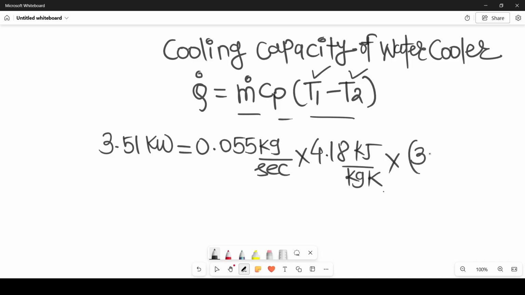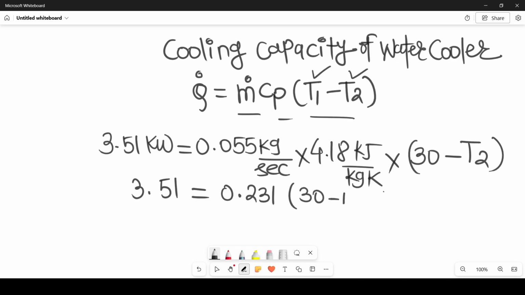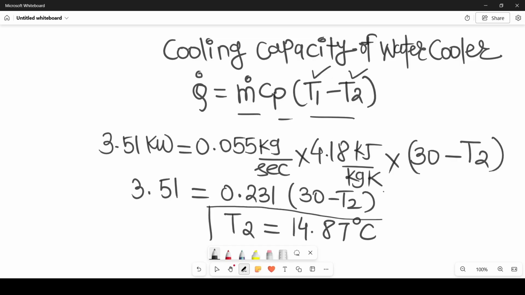Higher temperature is at inlet 30 degrees Celsius minus the outlet temperature, which is T2. So from this 3.51 equal to, if you solve this, 0.231 multiplied by 30 minus T2, and from this T2 is equal to 14.87 degrees Celsius. So the outlet temperature of the water in this water cooler is equal to 14.87 degrees Celsius.